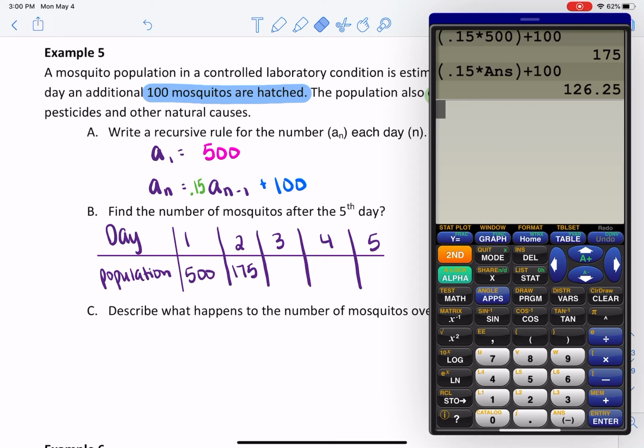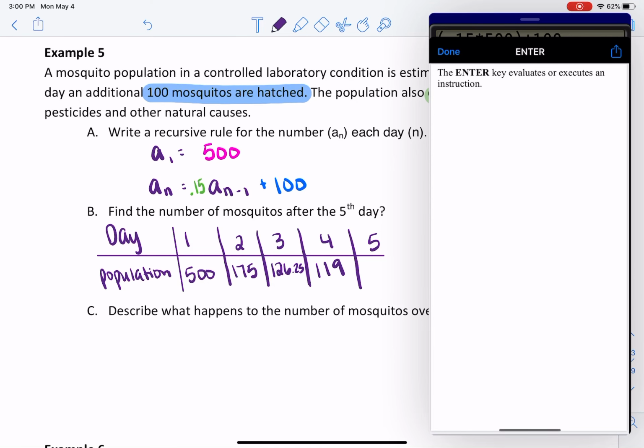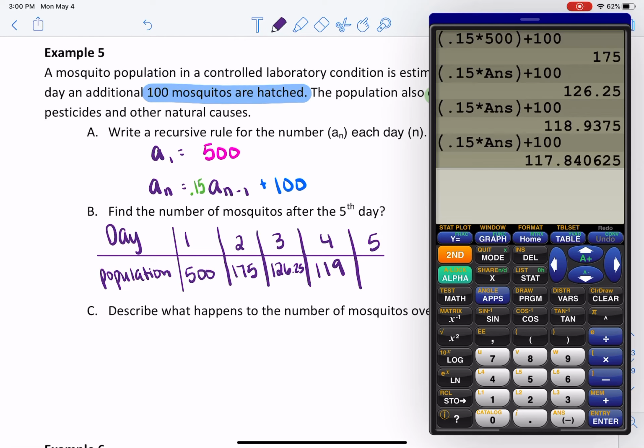So enter, that's day 3, 126.25. And then enter again. Okay, so that's just about 119 for day 4. Oops, not 199, 119. Oops, I'm sorry. And then, okay, that's just about 118. And now we have day 5.